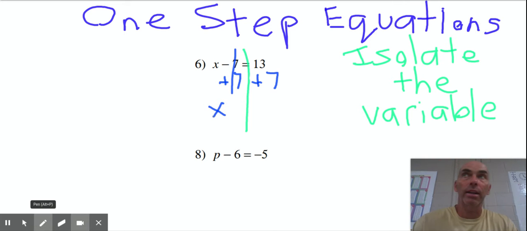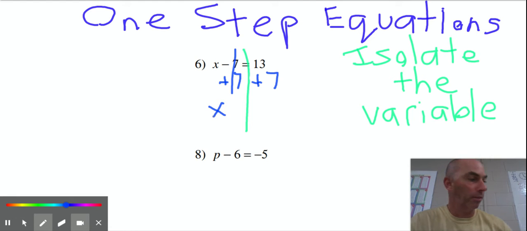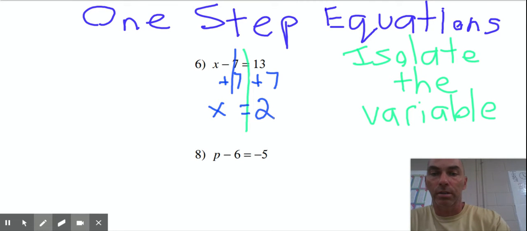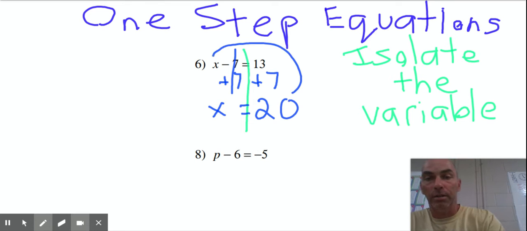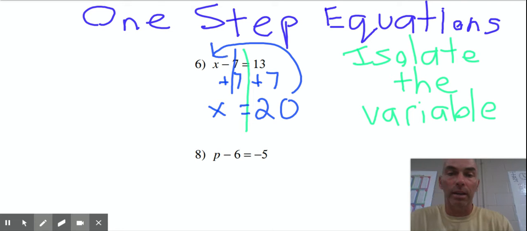Now the right side, I have 13 plus 7, which is 20. So x equals 20. And we can always plug it back in and say, does 20 minus 7 give me 13? Yes, it does.